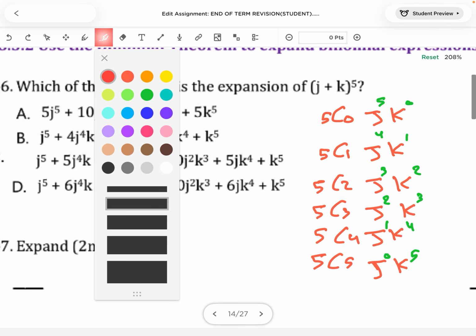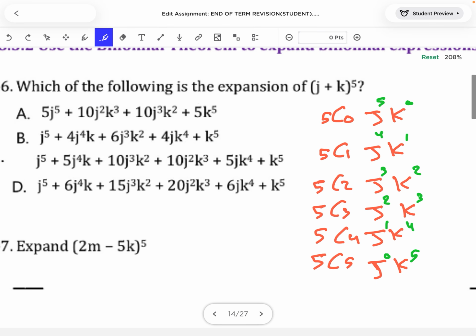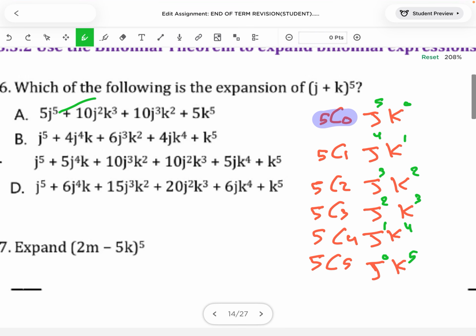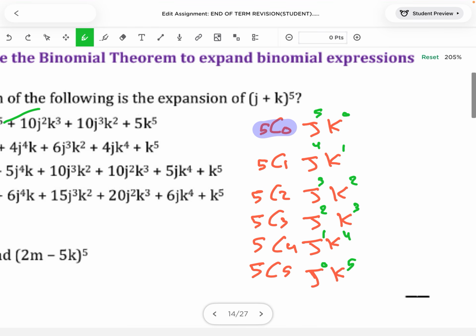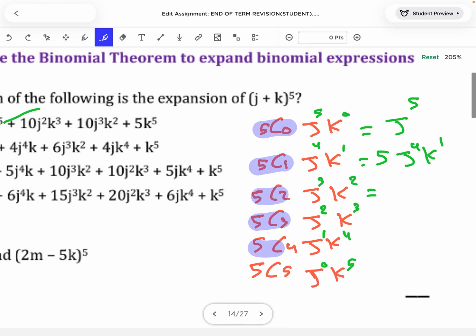Now we use our calculator. 5 combination 0, it will be 1. So the answer will be, our k power 0 is 1, so it will be only j power 5. 5 combination 1 is 5, j power 4 k power 1. 5 combination 2, these should be calculated. It will be 10.